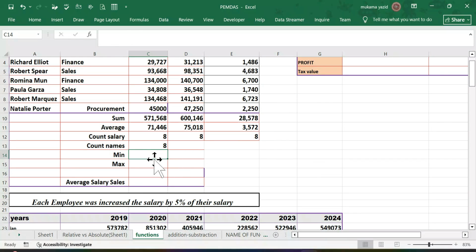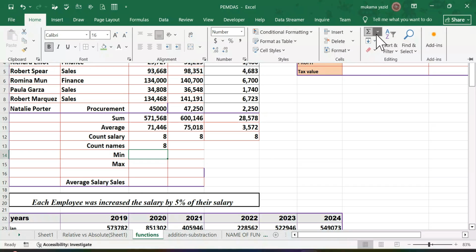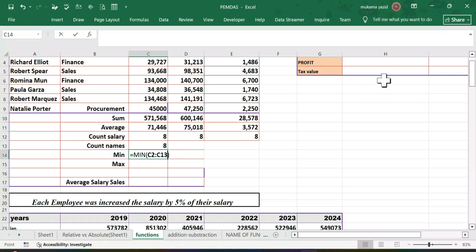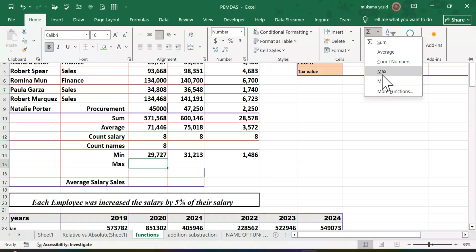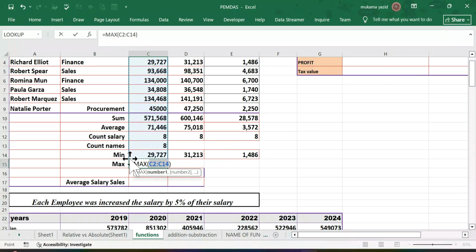Then mean, same story. You deselect this because you want to get the mean only up to there. Enter, autofill, get the rest of the answer. Max, same story, you can get it from here also. There are very many ways to get there, or you can just press equal sign max, it's okay.